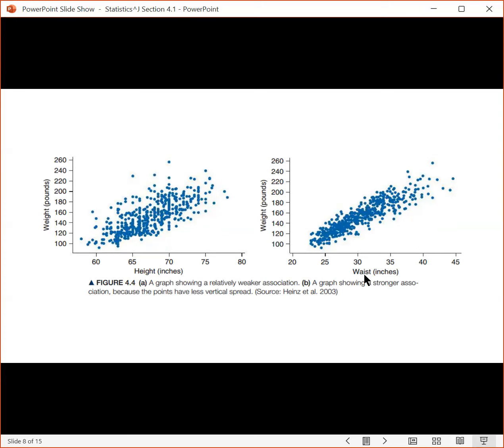And so waist size to weight has a clearer, stronger association than height to weight. And that does make sense because for height to weight, you could have people who are very thin at a given height, or very heavy at a given height.